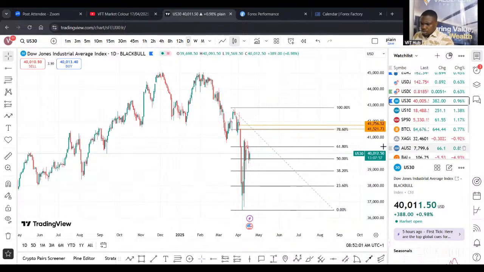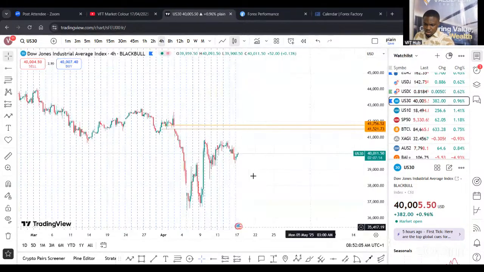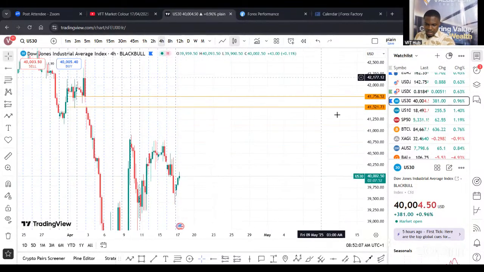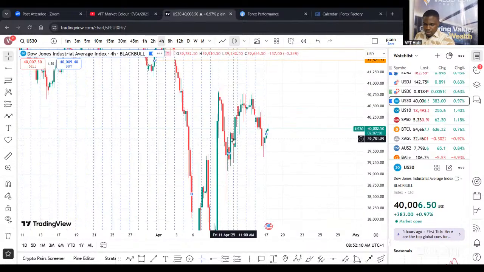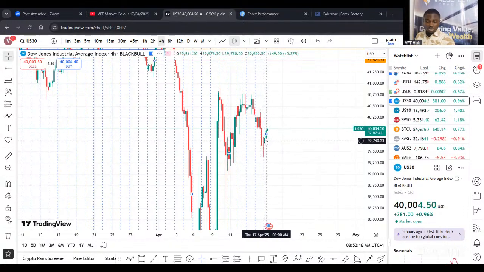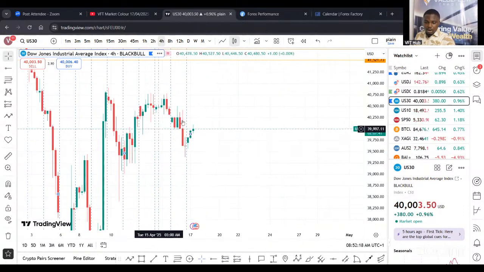So on US 30, when we come to the 4-hour time frame, we see that structure has been very, very dicey, right? Although we have an order block here, I have another block here that's been rejected, and this serves as liquidity, but also we are not even sure, because all of this move yesterday was a result of the announcement that was made, the sell-off that we saw yesterday.